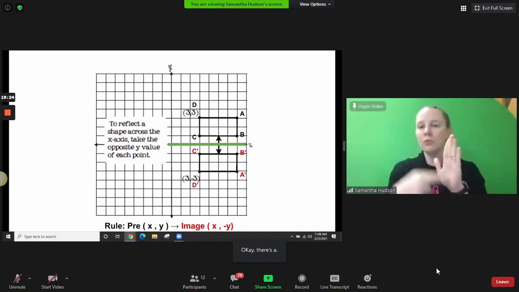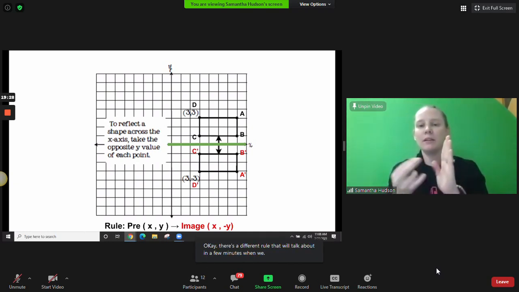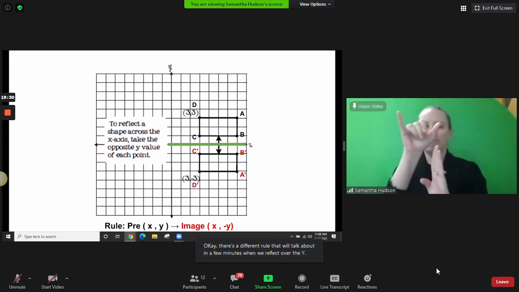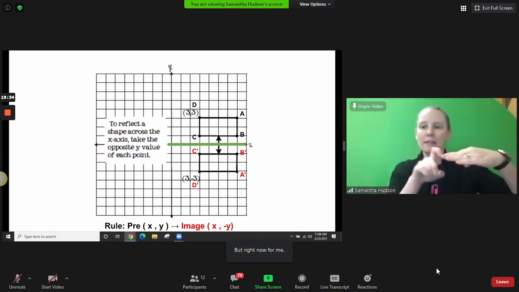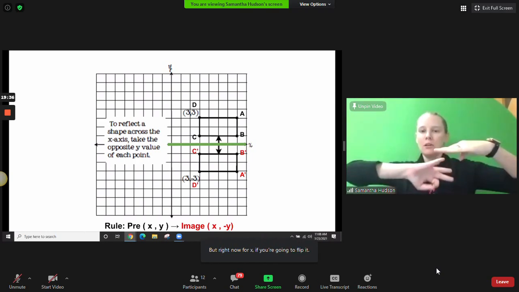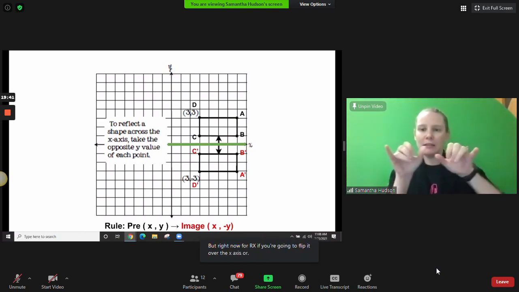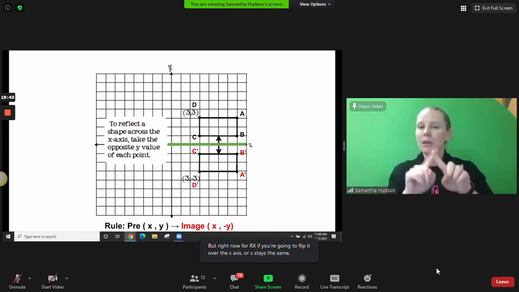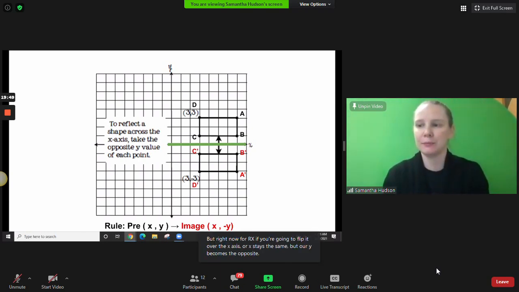Okay, there's a different rule that we'll talk about in a few minutes when we reflect over the Y. But right now for our X, if you're going to flip it over the X axis, our X stays the same, but our Y becomes the opposite.